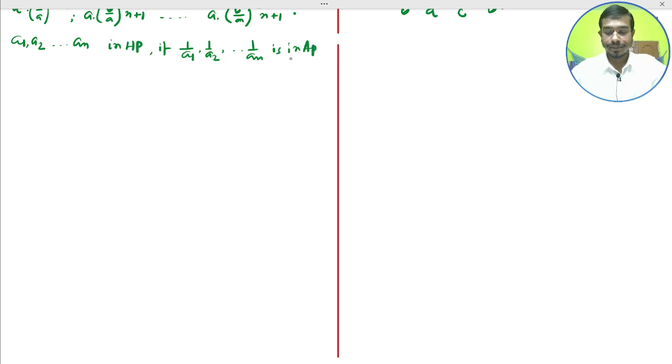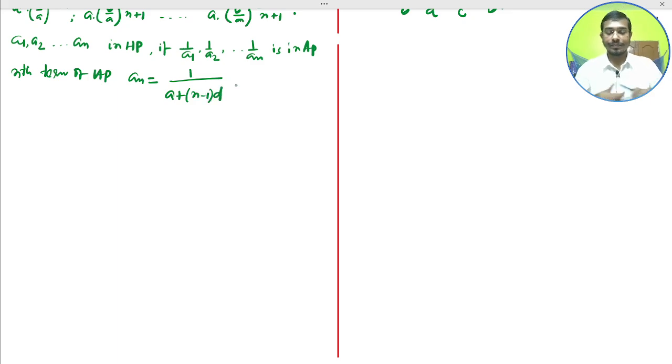The nth term of HP, the An, is equal to 1 by (A plus (n minus 1) into D). Very important: 1 by (A plus (n minus 1) into D), where A equals A1 and D equals 1/A2 minus 1/A1.